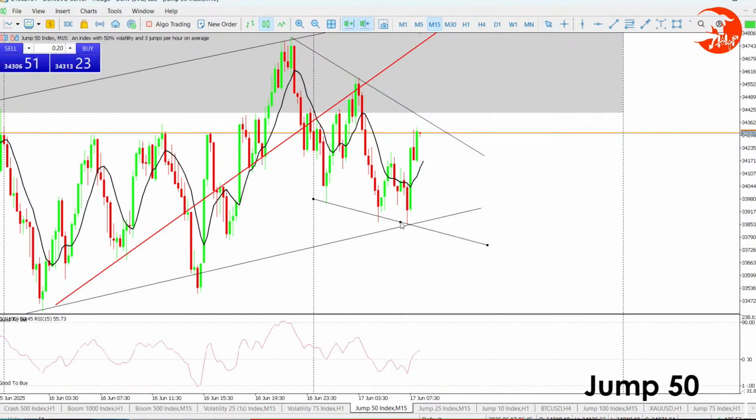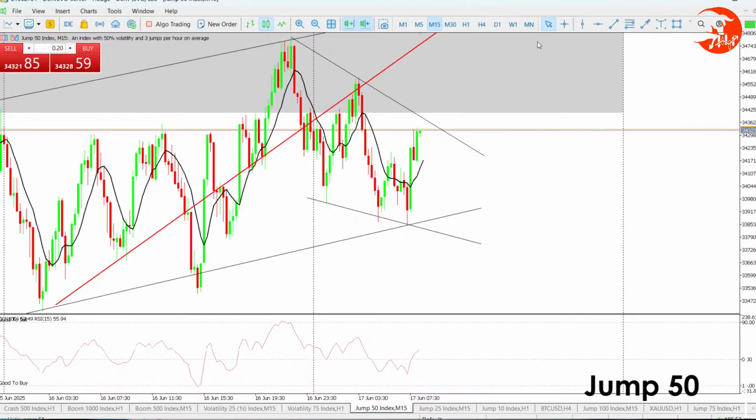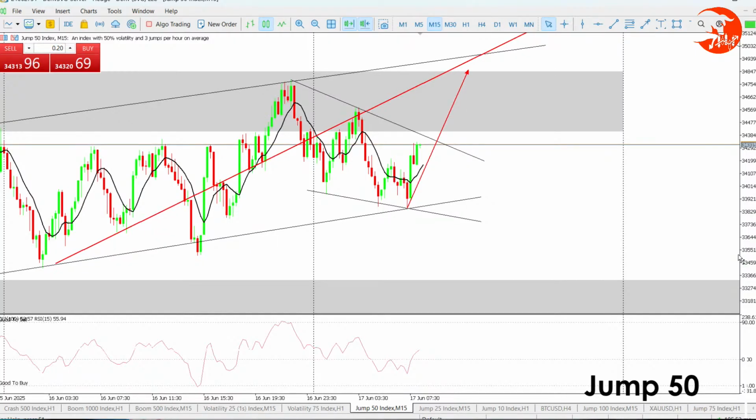So I can see that. So it tells me that price is still in a buy trend. We already know that. So this is your move. That is your move right there.